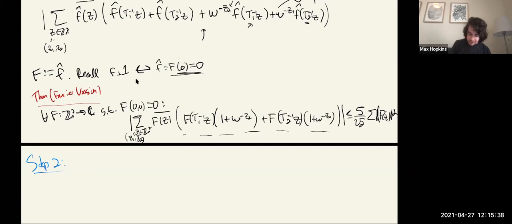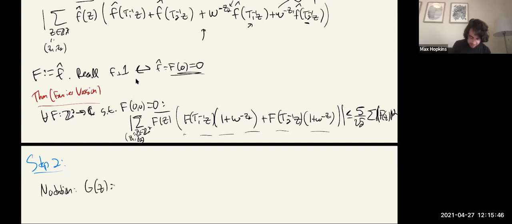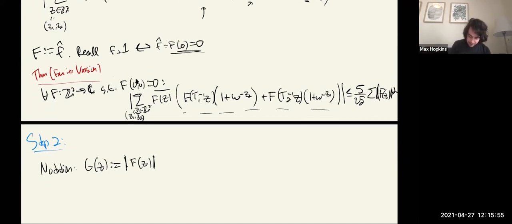Notationally, it'll be a little bit simpler to let g(z) be defined to be the absolute value of F of z, because we'll mostly be working with absolute values. And then there's a very useful relation that maybe you've seen before.